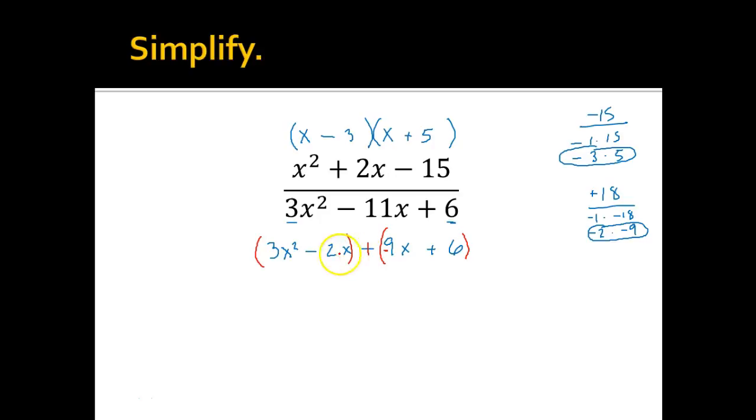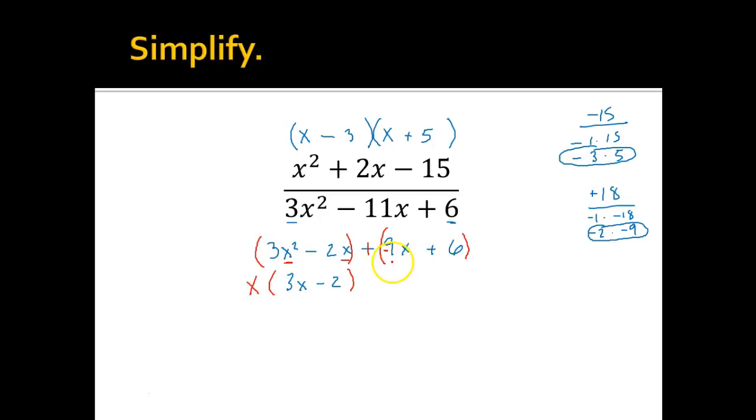Okay, so what are the common factors in that first pair, 3x squared minus 2x? The only thing they have in common is the x, so I'll take that out, and left inside will be what's left over, which is 3x minus 2.